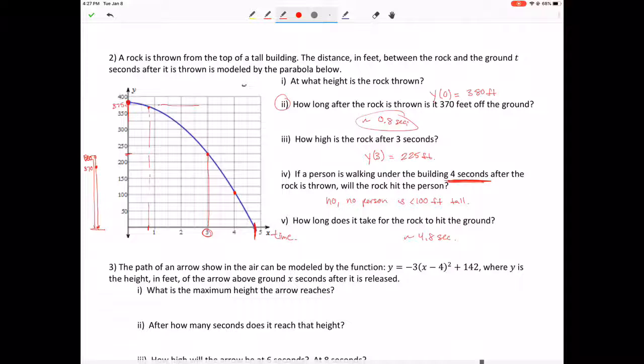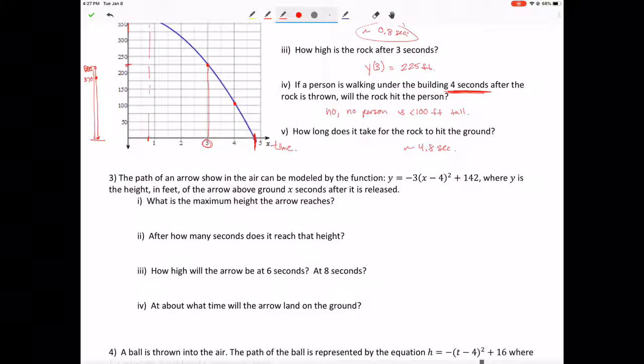Okay, and all of these are pretty rough estimates, and we don't know exactly because we don't have an equation. We could come up with an equation, and you'd actually be able to figure this out. And perhaps you do that in physics when you take that class, but we will not be covering that.